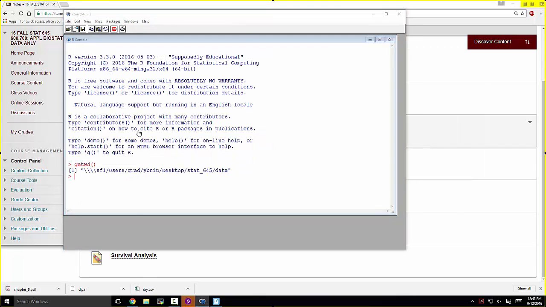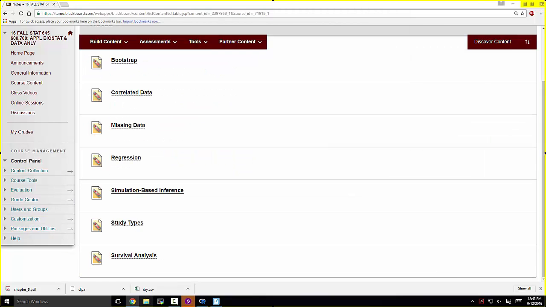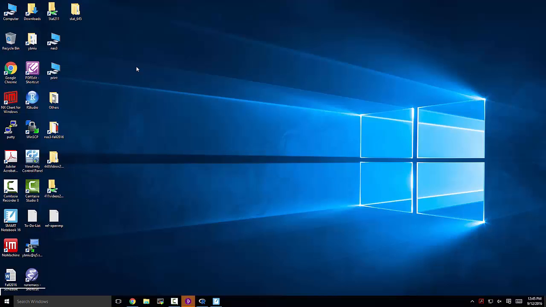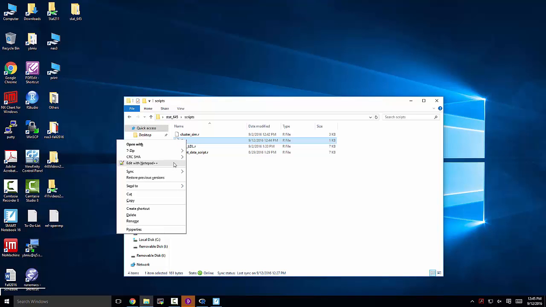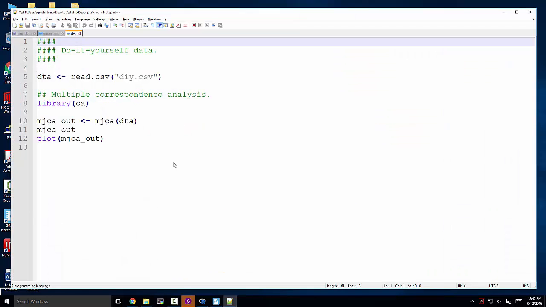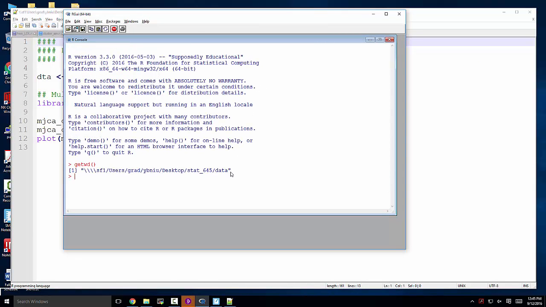Okay, so let's take a look at the data, the DIY data. I'll go into my scripts and open up the DIY.R file. Okay. Back in R, I've got my working directory in the right place.